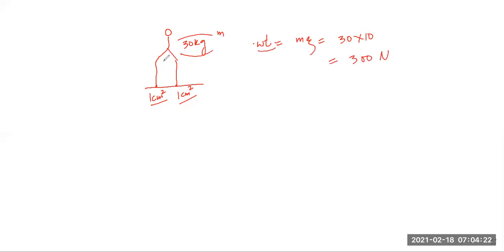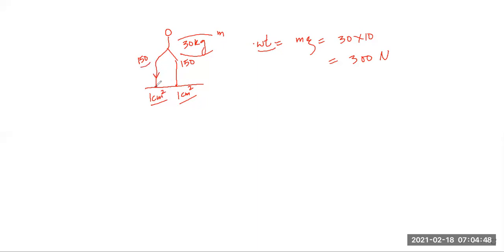Now this 300 Newton is the total force applied by the earth, attracting this girl toward its center. So this force will get divided, 150 Newton here, 150 Newton here. So the force which is acting downwards on each heel is only 150 Newton. Don't make the mistake of taking 300 Newton.